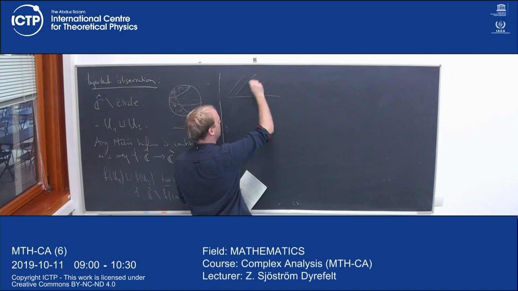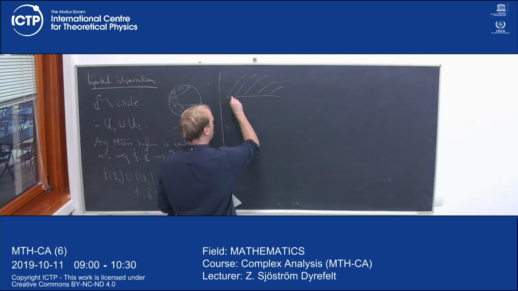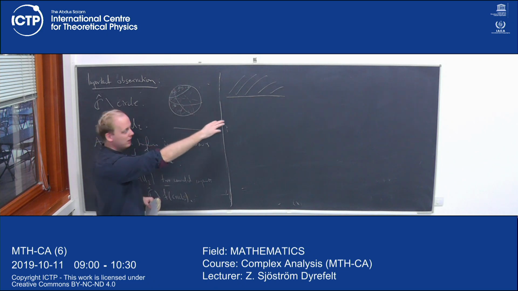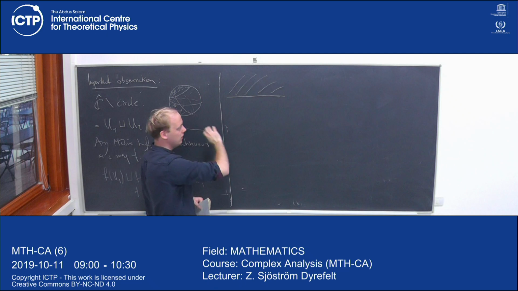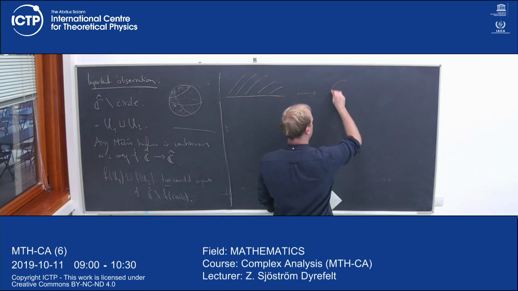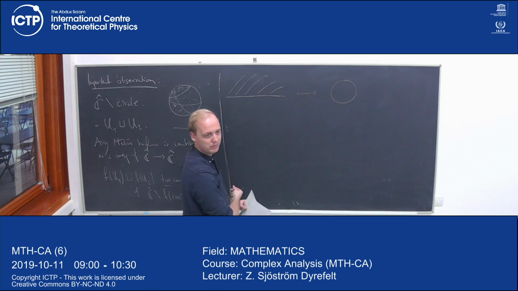You're considering this. And then you show that this boundary here corresponds to some circle here. Then the orange part is mapped onto, let's say, the unit circle. Let's say you can show that through some Möbius transformation.